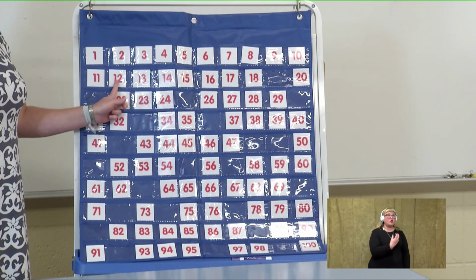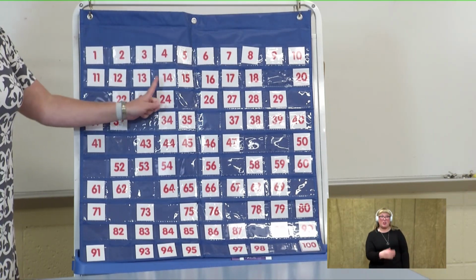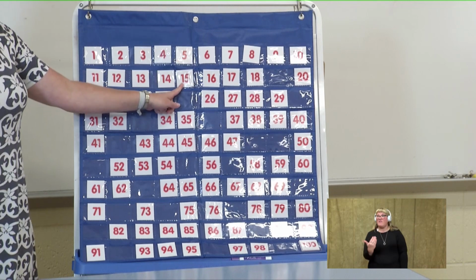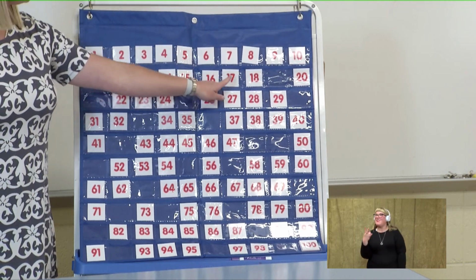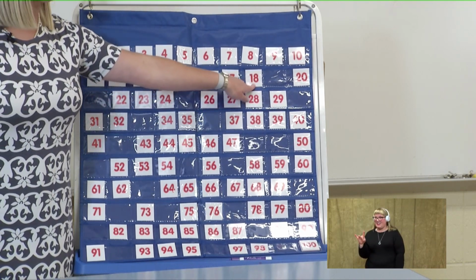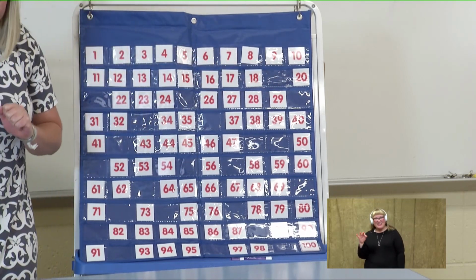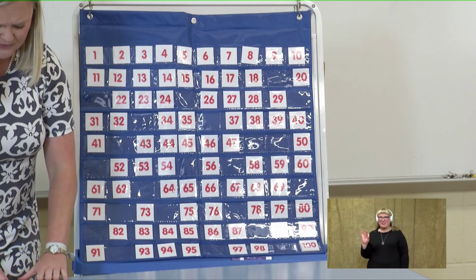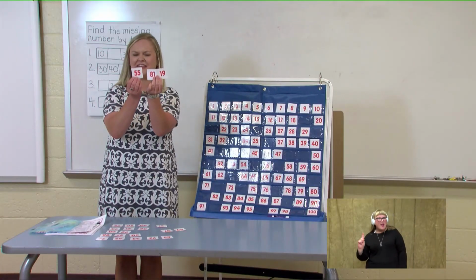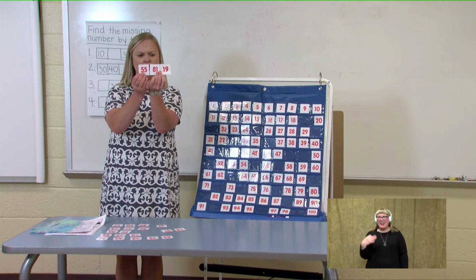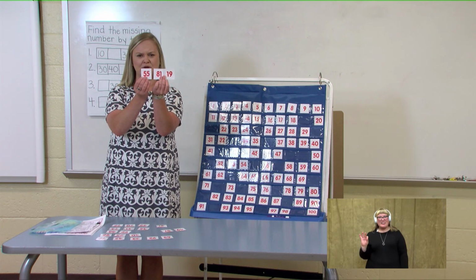11, 12, 13, 14, 15, 16, 17, 18, 19. Where could my 19 be? It's one of these numbers, I think. Which one do you think is the number 19?